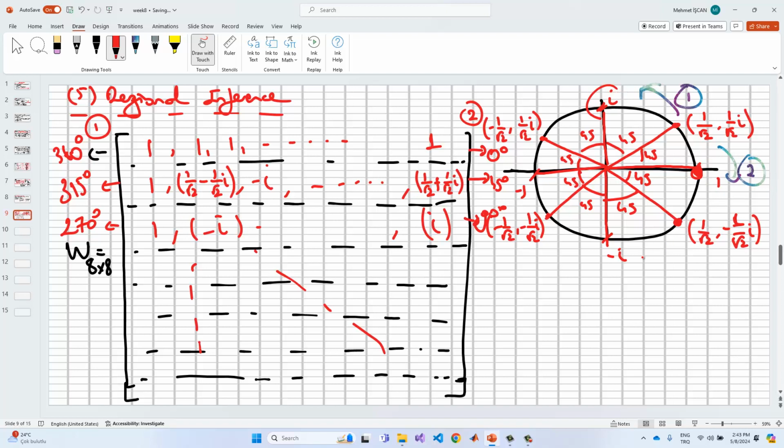Or going this way, 270 goes to i. Okay? This is the second property.